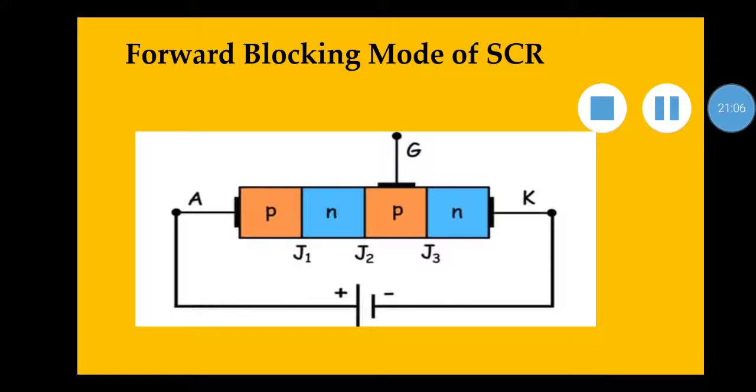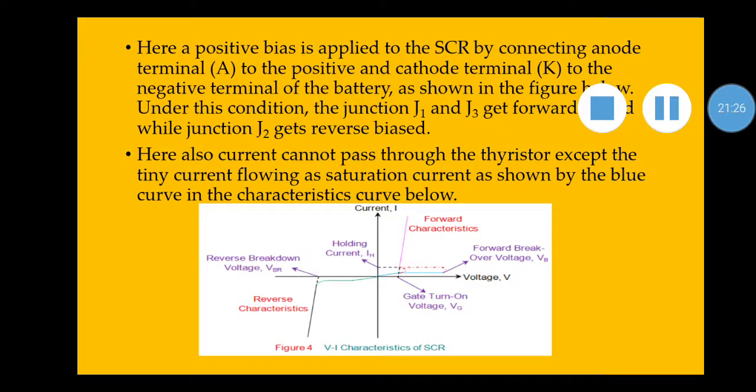Next one, forward blocking mode of the silicon controlled rectifier, with junctions J1, J2, J3, gate G, anode and cathode. Here in this diagram, positive bias is applied to the silicon controlled rectifier by connecting anode terminal A to the positive and cathode terminal K to the negative terminal of the battery, as shown in the figure below.